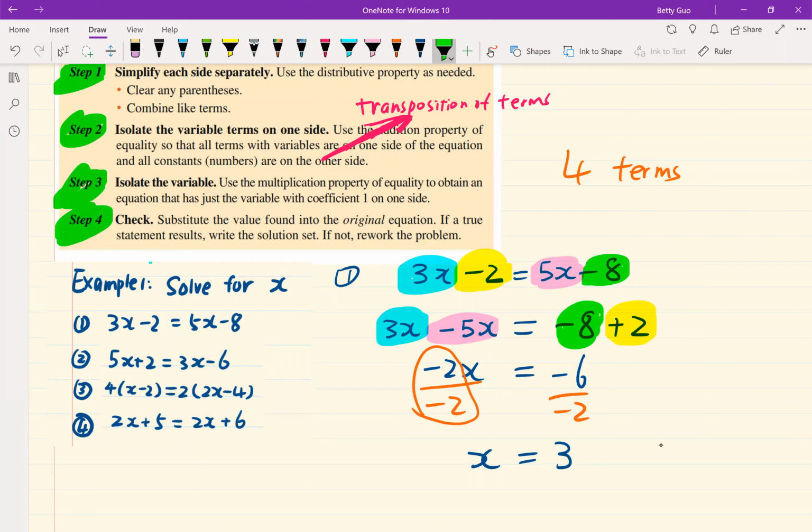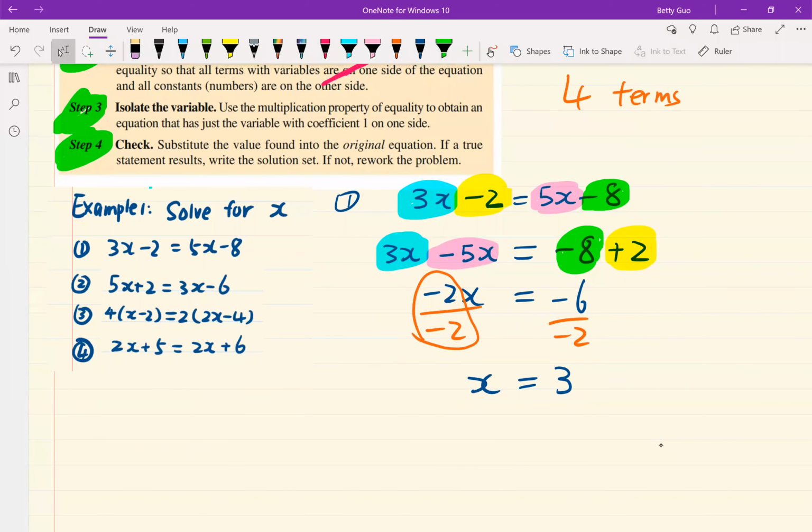Step 4, check. How do we check? The original equation is 3x minus 2 equals 5x minus 8. You plug in x equals 3. You substitute 3 into the original equation. Let's see if we have a true statement or a contradiction.